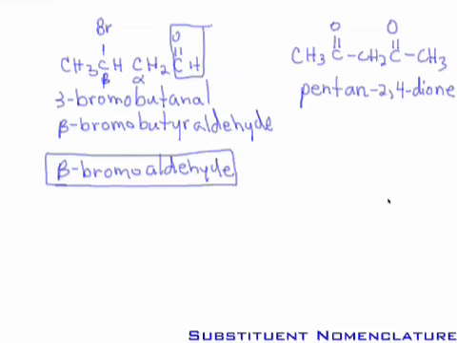Now the common name, interestingly enough, is based on this molecule. What's the common name for this one? Well, clearly this molecule's acetone. But you notice the molecule above looks like it has this group attached to an acetone.